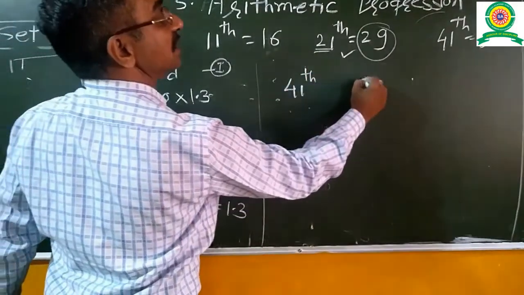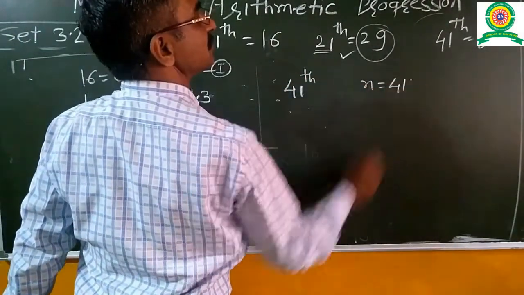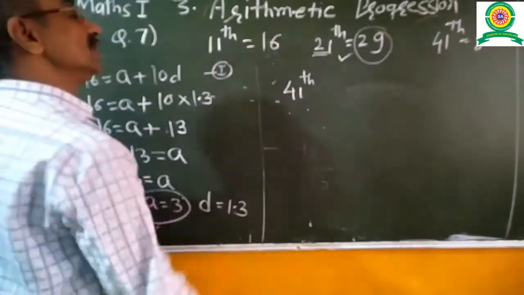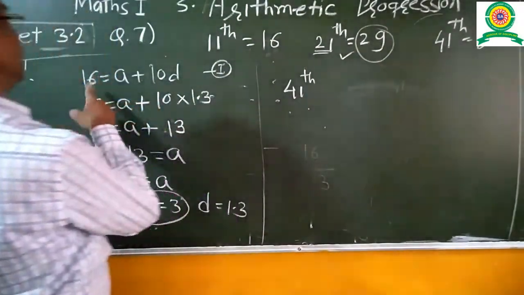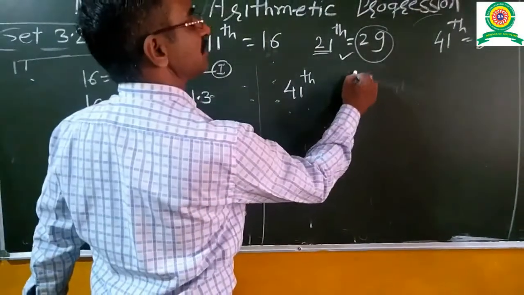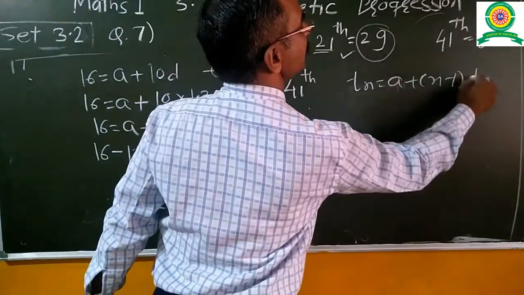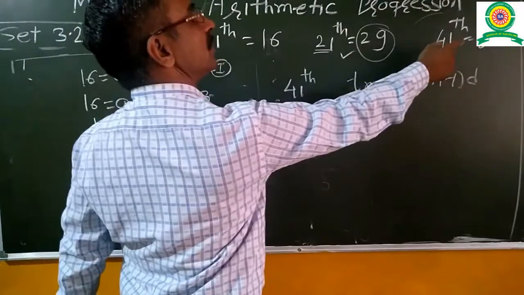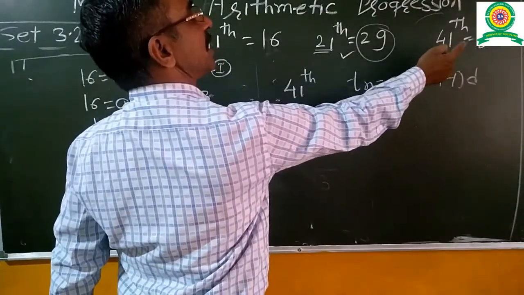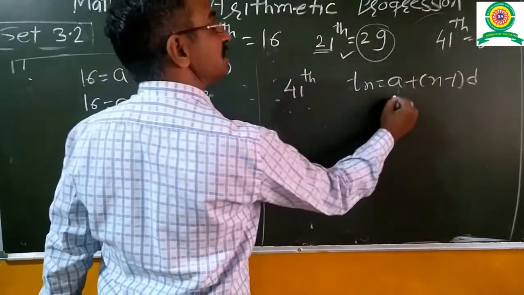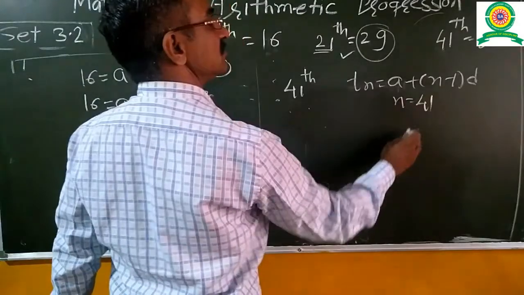Here n is equal to 41. Again putting in the given equation, Tn is equal to A plus n minus 1 into D. We want the 41st term, so n is equal to 41.